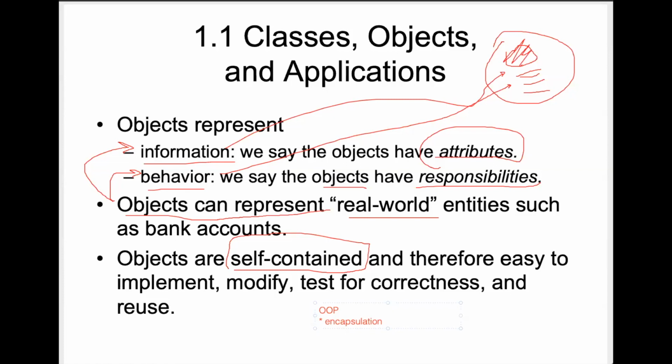For example, objects have the ability to hide information through use of various keywords. We have private information, we have public information, we can also have protected information.